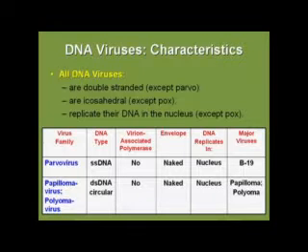Okay. In the table, you'll see in your book, and I only have part of the table up here, or else you'd be squinting really hard to see it. You have all of the DNA viruses listed, right? The table tells you the type of DNA, does it have a polymerase, is it naked or enveloped, and whether or not replication occurs in the nucleus.